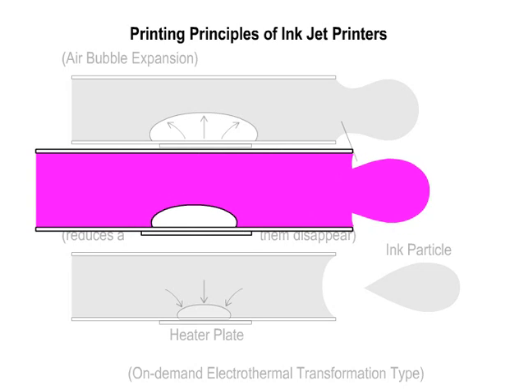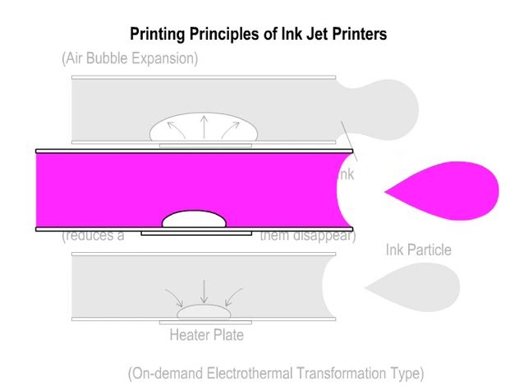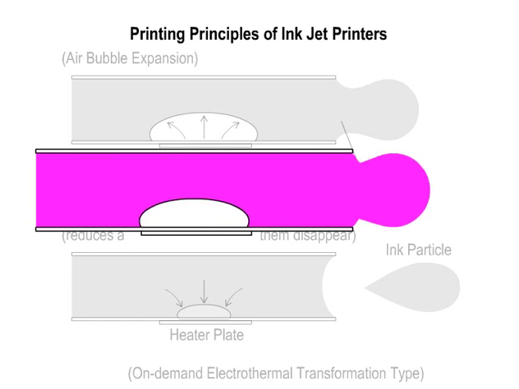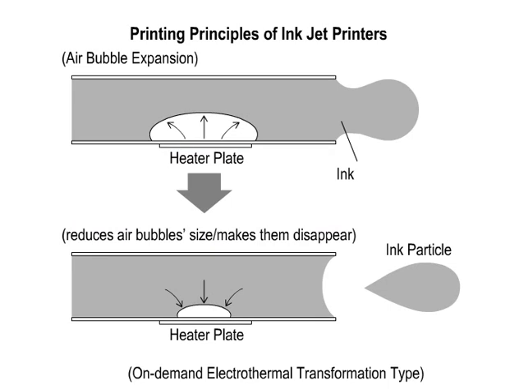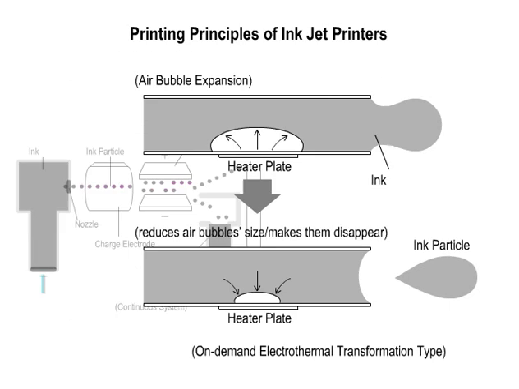It uses elemental devices that are transformed by electric charge. There is the electromechanical transformation type that sprays ink out after pressure is applied to the ink chamber. There is also the electrothermal transformation type where air bubbles created by heat from an electric charge spray the ink out.